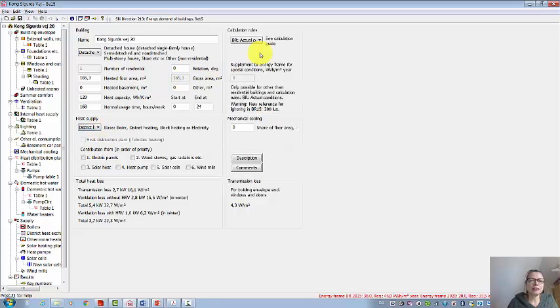And then we have the calculation rules up here, and here you always choose BR actual condition. So that means we're calculating after BR15. Then there is also this option where we can rotate the building, and it's something that we can use after we have made the energy frame.